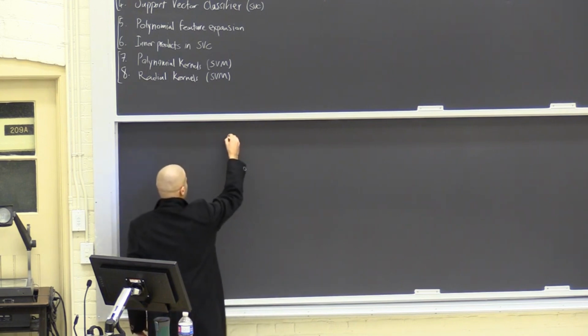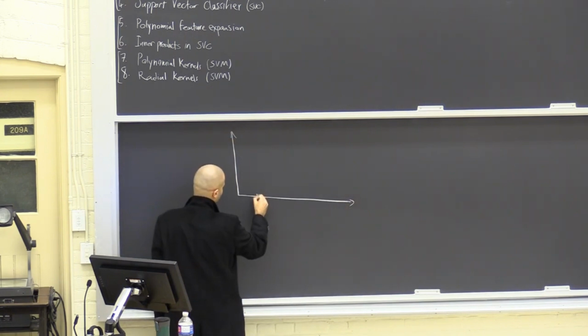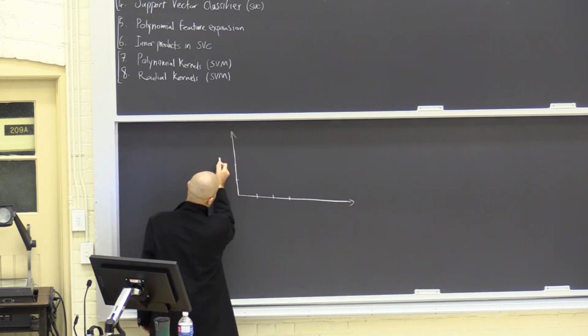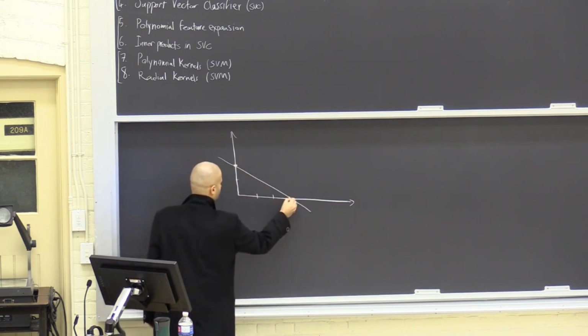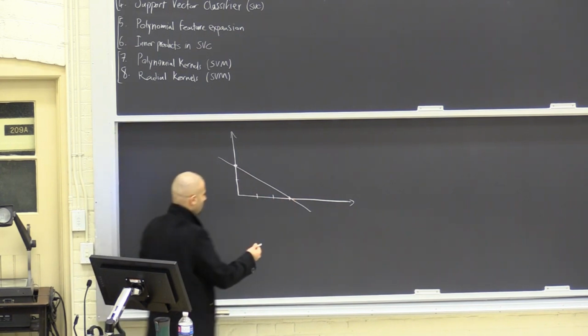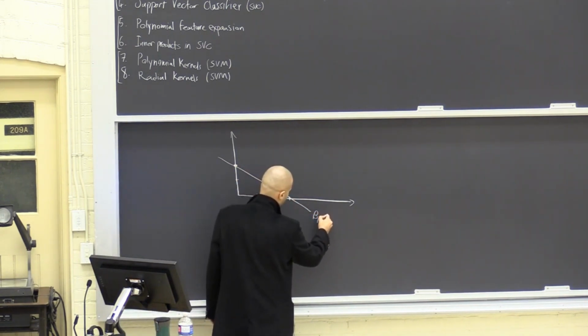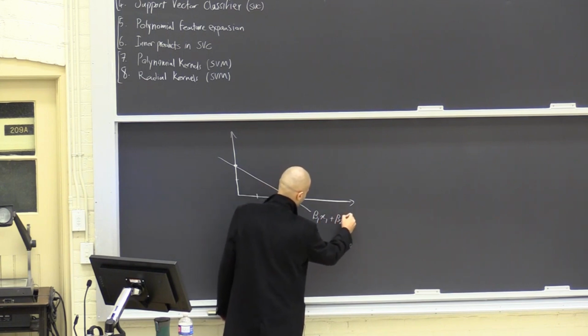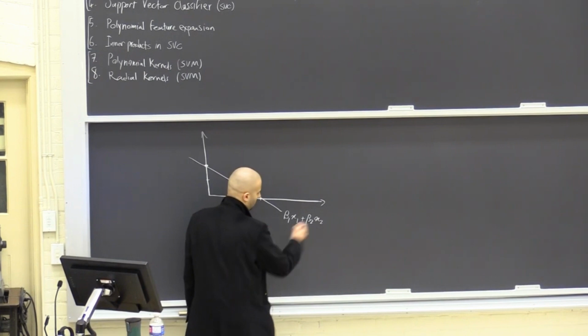So let's consider that we have a hyperplane like this. This hyperplane can be written as beta 1 x1 plus beta 2 x2 plus some intercept.